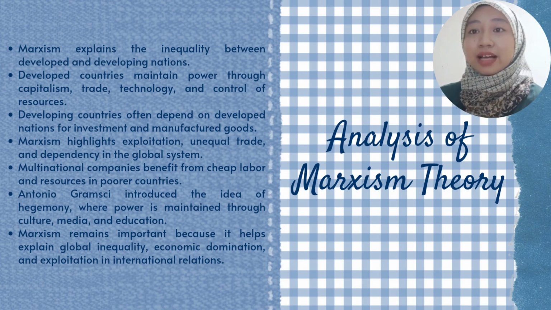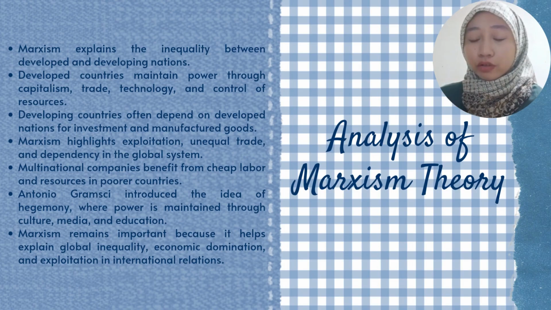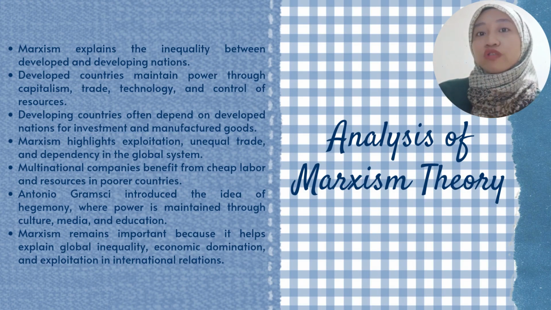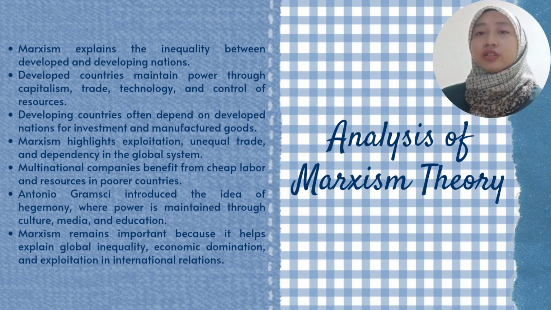Marxism theory sheds light on the reason why there exists a huge difference between developed and developing nations in the contemporary world. According to Marxist theories, capitalism enables developed nations to perpetuate their dominance through control over international trade, capital flows, technology transfer, and natural resource distribution.